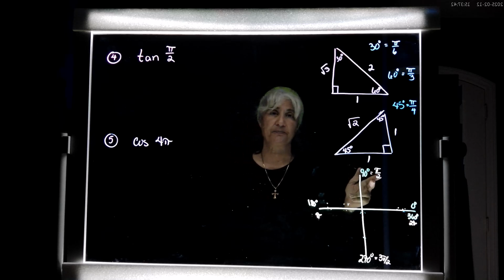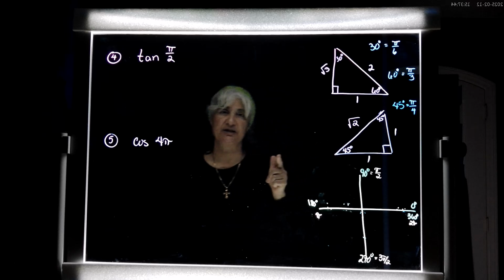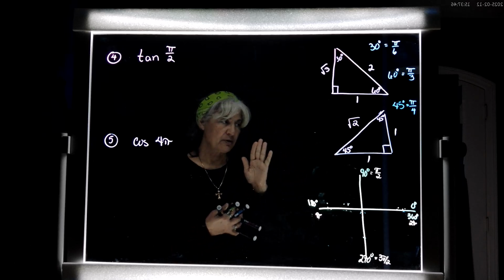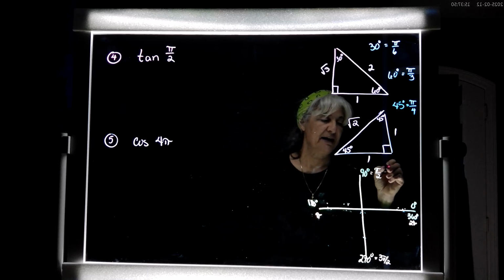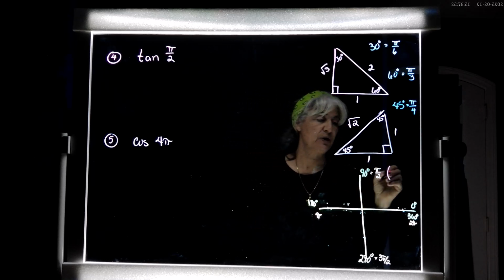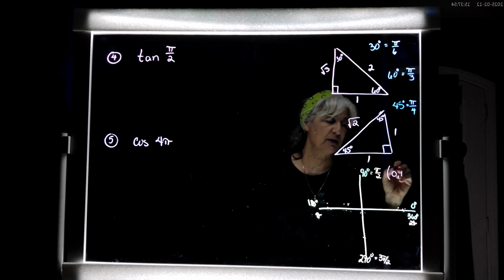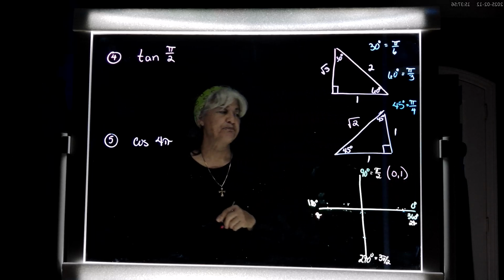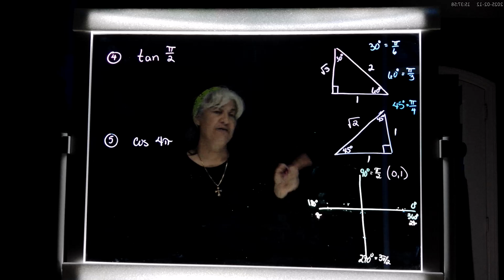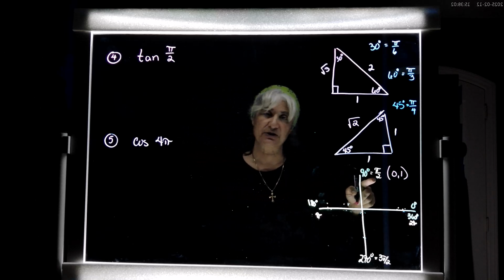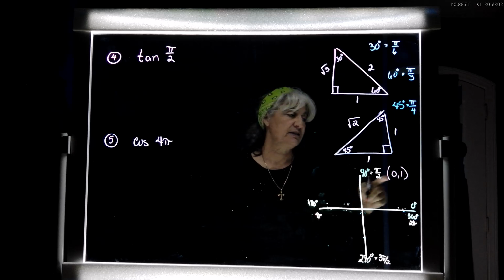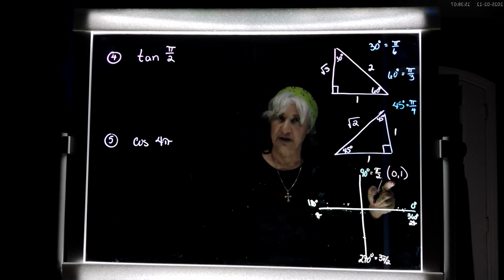So pi over 2. And I'm looking for the tangent. Okay, remember, first things first. Remember that at pi over 2, the coordinate is 0, positive 1, isn't it? And if I'm looking for the tangent at 90 degrees, or pi over 2, tangent is y over x.